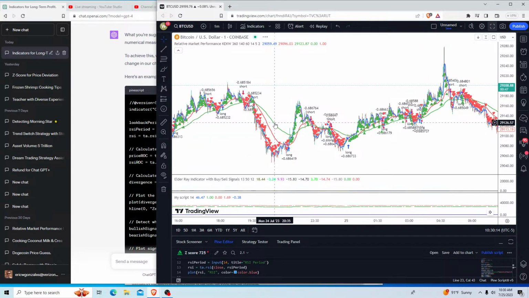So okay, here's another good way to do it. We can take the slope of the price, and when the slope changes, yeah. So I think it's good to have these sort of derivatives.